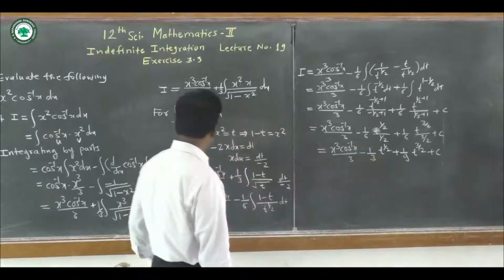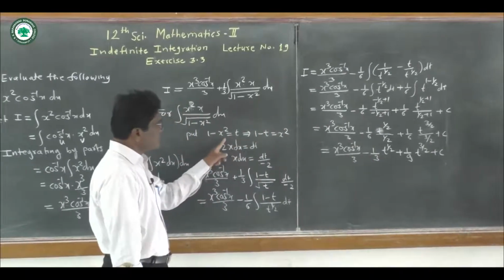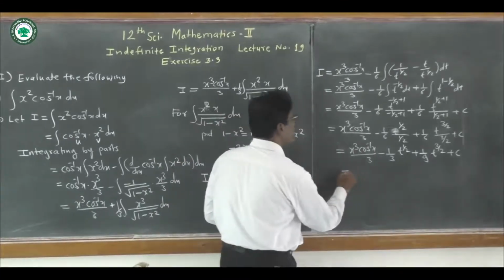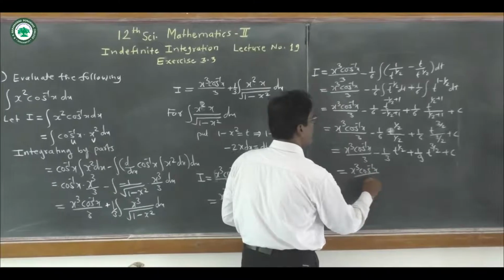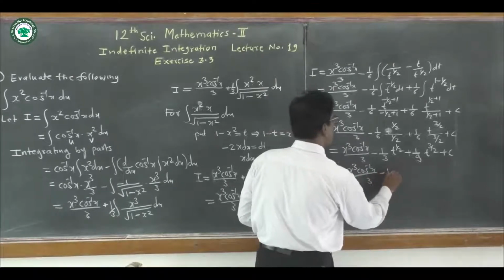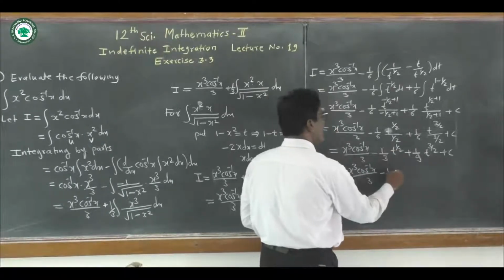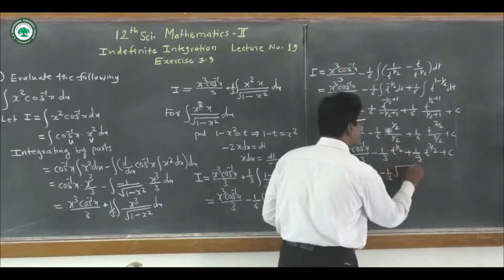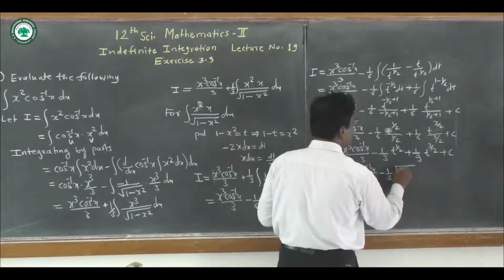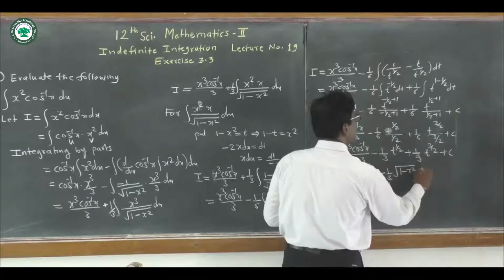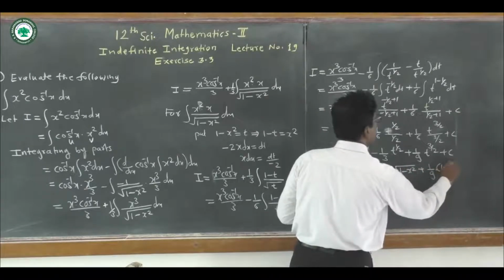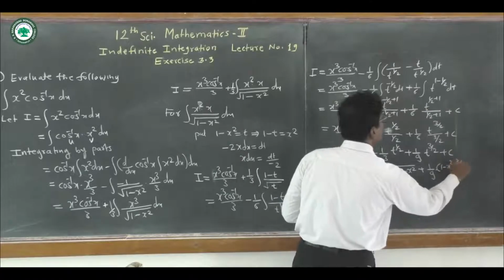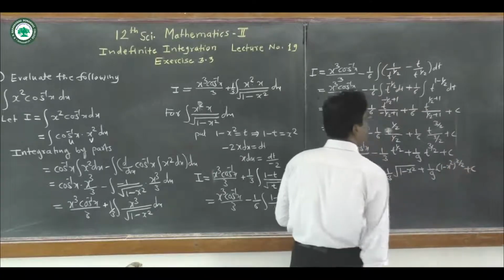t is 1 minus x square, so it is equal to x cube into cos inverse x divided by 3 minus 1 by 3, and t to the power 1 half we write root of t, and t is 1 minus x square, plus here 1 upon 9 into t is 1 minus x square to the power 3 by 2 plus constant of integration.